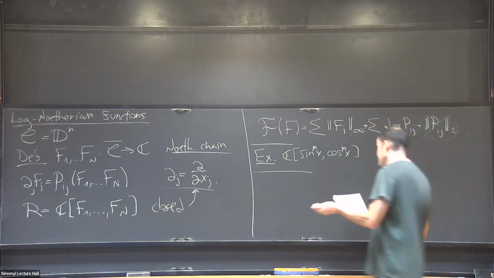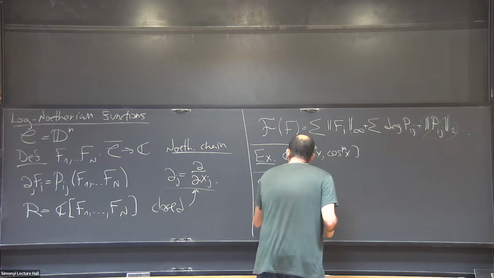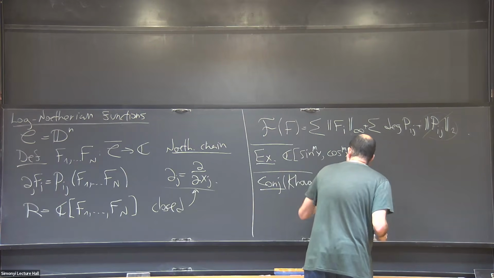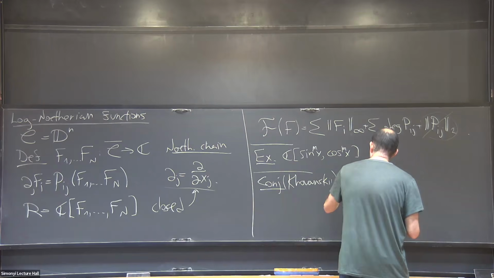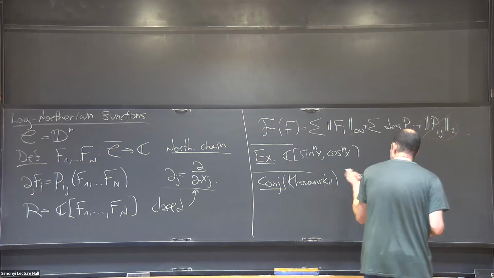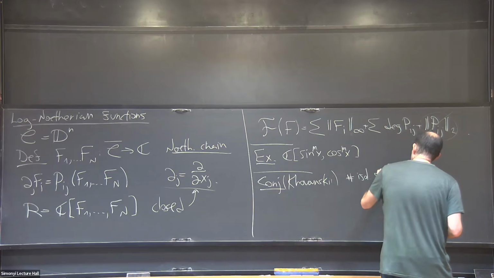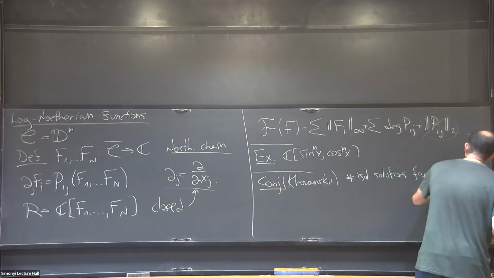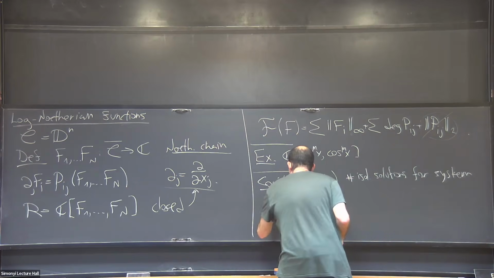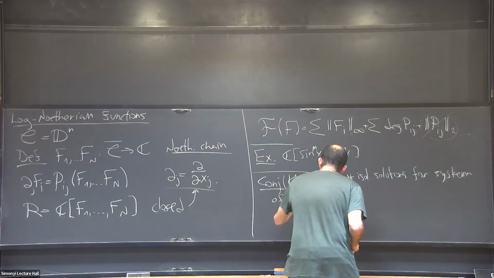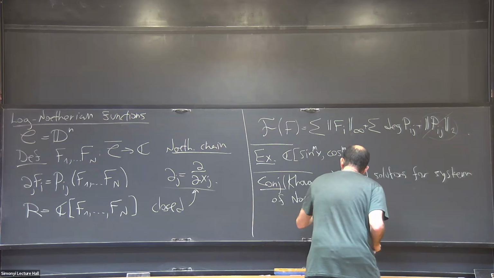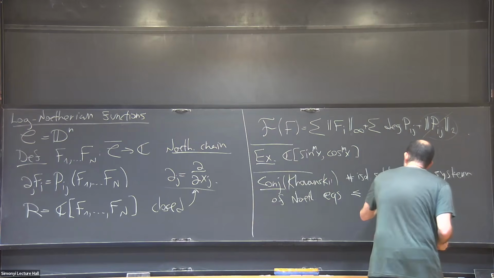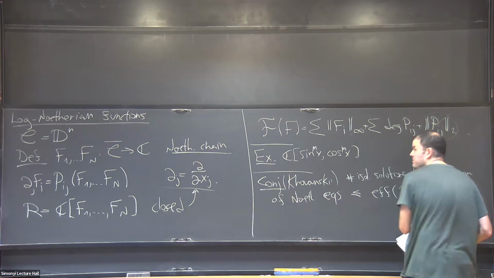Okay, so the conjecture by Khovanskii is that the number of, let's say, isolated solutions for a system of Noetherian equations is bounded by some effective bound in the parameters.